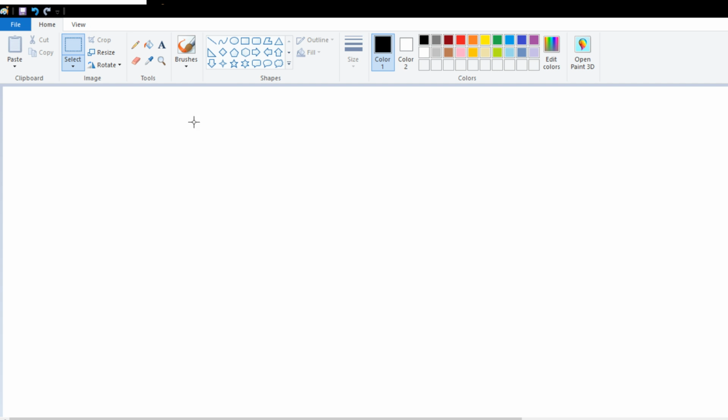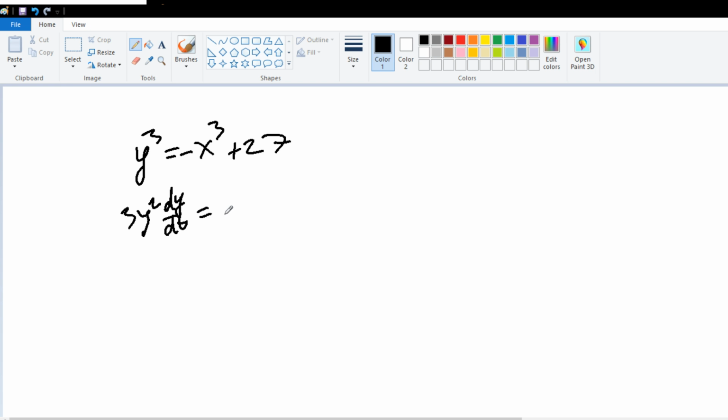Next question. We want to find dy dx for y cubed equals negative x cubed plus 27. So we take the derivative of both sides, getting 3y squared dy dt equals negative 3x squared dx dt plus 0.